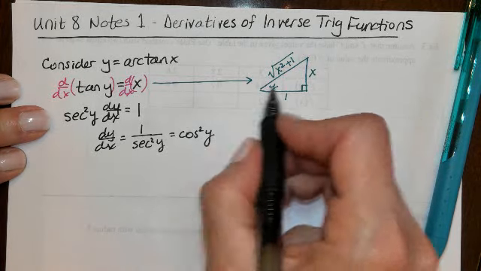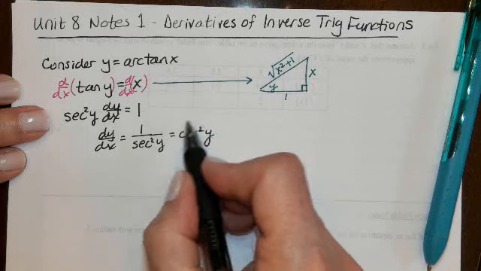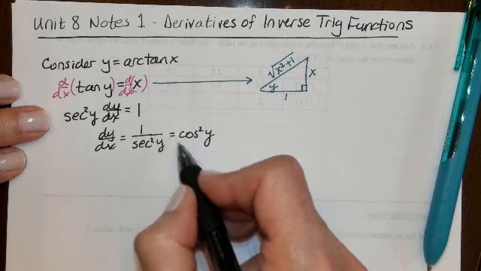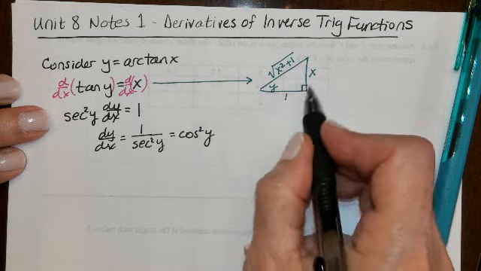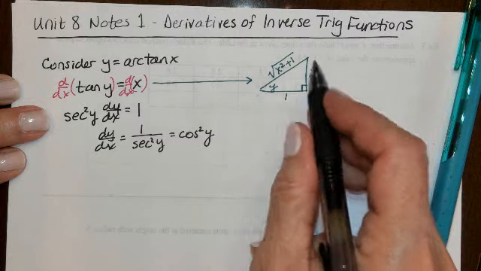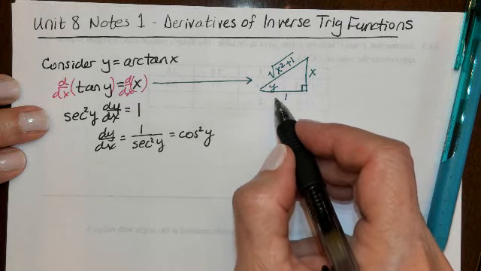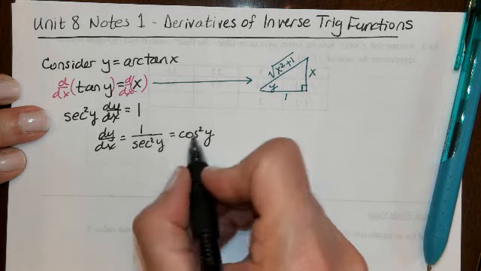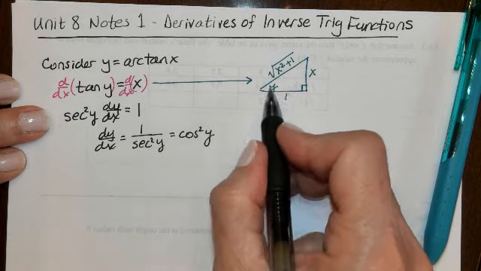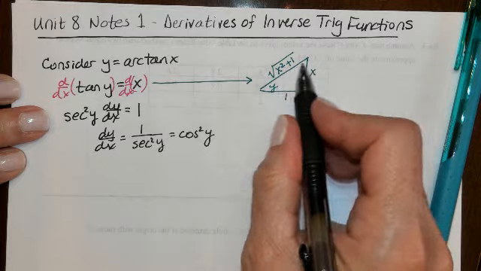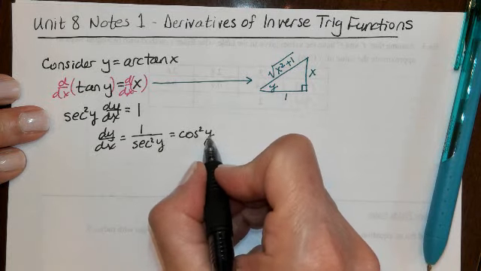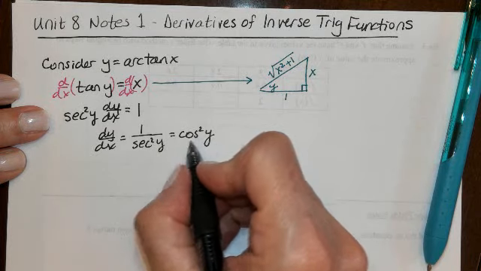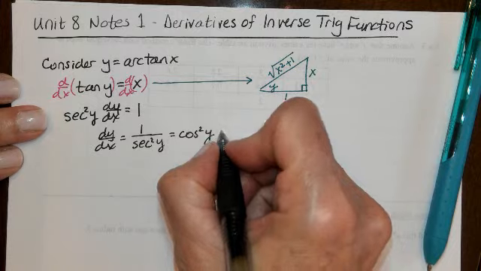So, we would like to get this in terms of x. And to get this in terms of x, I'm going to take a look at my triangle. Cosine squared of y is the same thing as cosine y squared, right?